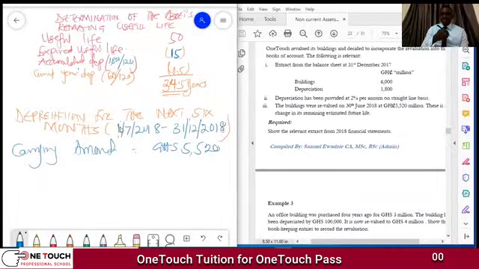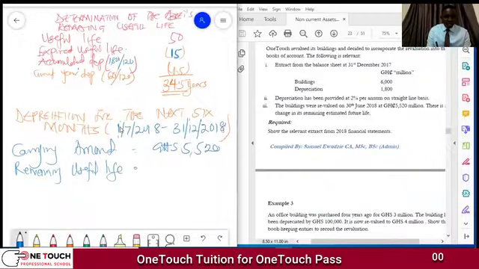after revaluation. So this asset has a remaining useful life of 34.5 years.